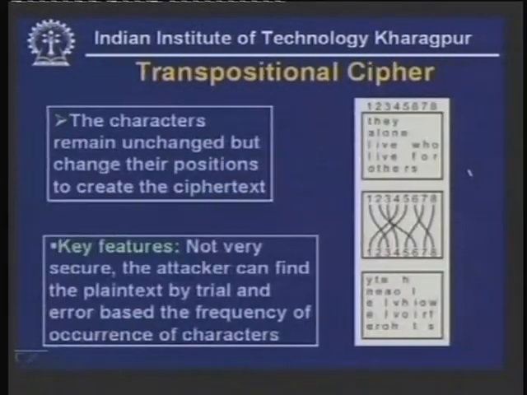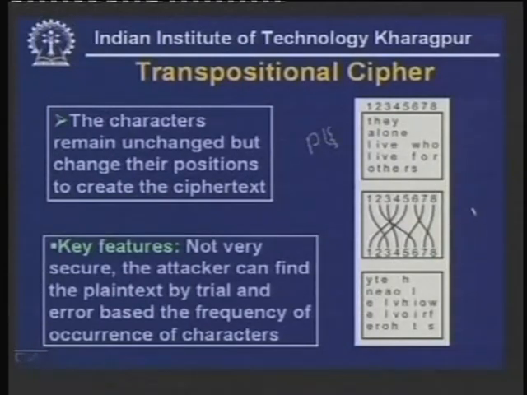On the other hand, in the transpositional cipher, the same characters are used, however, their positions are changed. How? This is explained here. For example, this is the plain text P, and this has to be encrypted, and the key is represented by this box which performs the transposition.